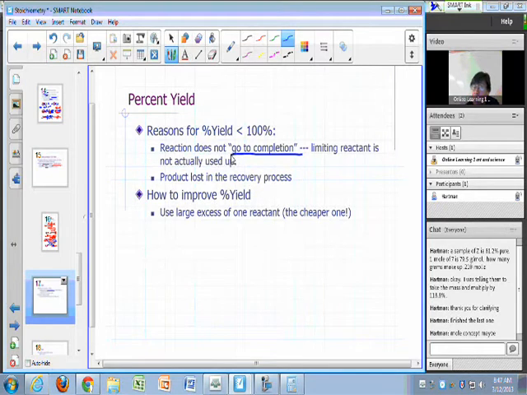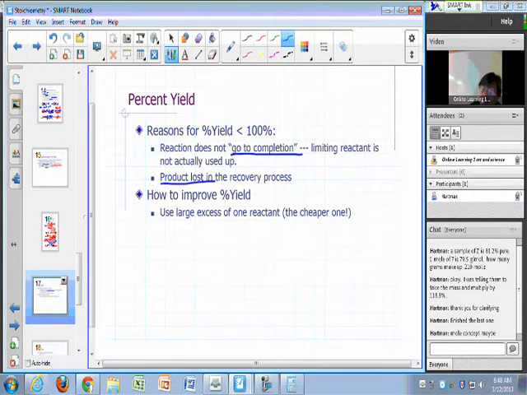So products could recombine and react to give you back your reactants. So you reach a point where you have what's called chemical equilibrium. Strictly speaking, there's really no reaction that's 100% complete, but some reactions do go far enough to the right that you can say they essentially go to completion.